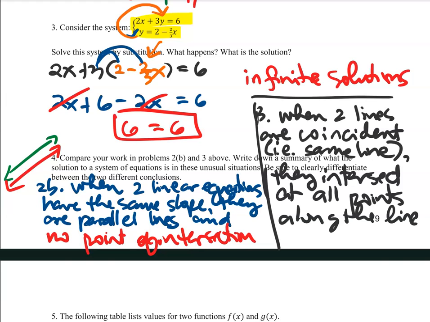Okay, so again, when two lines are coincident, that means they are on the same line, they intersect at all points along the line. And when that happens, we can say there are infinite solutions.